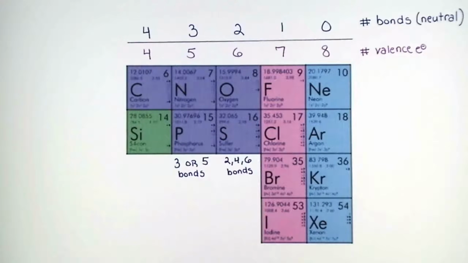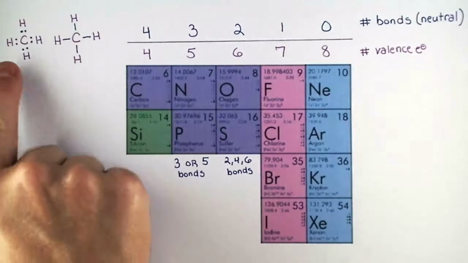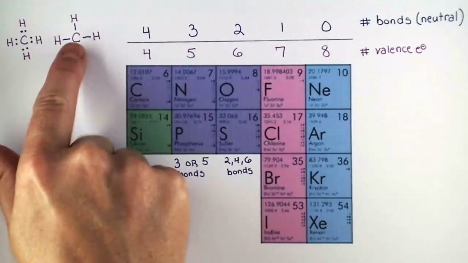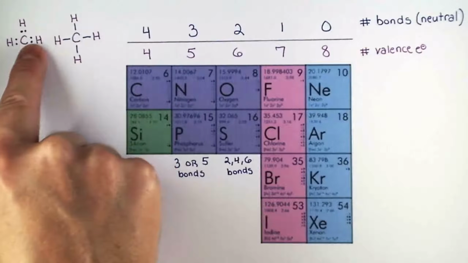Let's look at a simple example of a molecule containing an element from each group, so we can correlate the number of valence electrons with the number of bonds that the element likes to make. Here I've drawn out methane with a pair of dots to represent the 2 electrons that are shared in the bond to hydrogen. In organic chemistry, it's more conventional to show the pair of electrons as a single line connecting the 2 atoms.